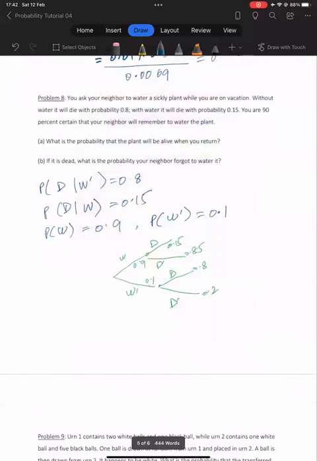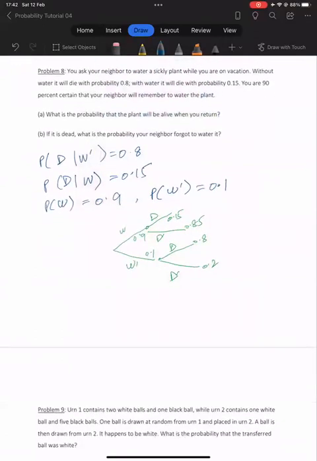So what is the probability that the plant will be alive when you return? So it's not dying, which is like D complement, it is alive. So इसके लिए we have to find the total probability. Okay, this is easier if we follow the tree diagram. It doesn't die and we follow through, it doesn't. ठीक है. तो इसमें we have 0.8. okay, पहले इसको फॉर्मूले में कर देते हैं.